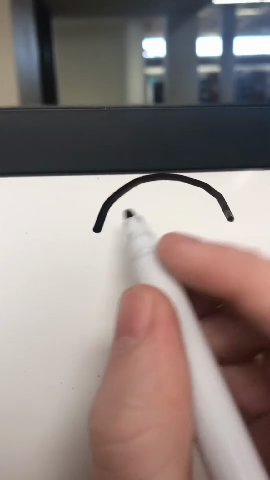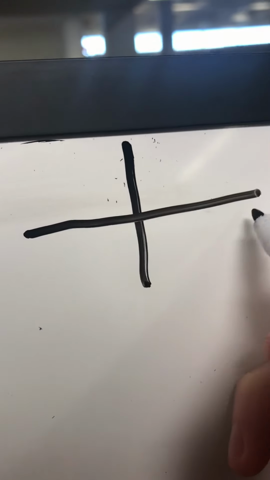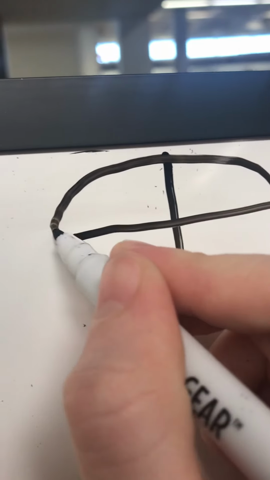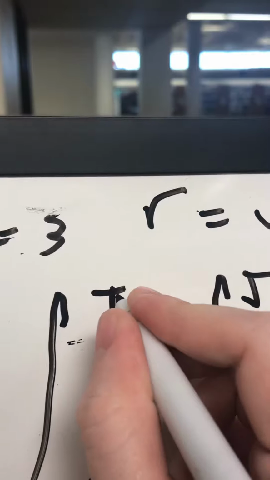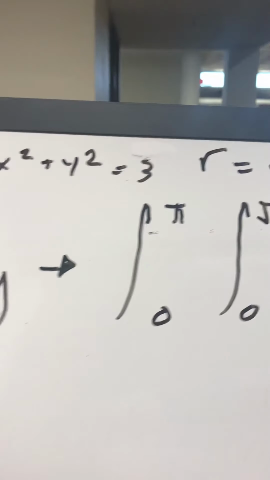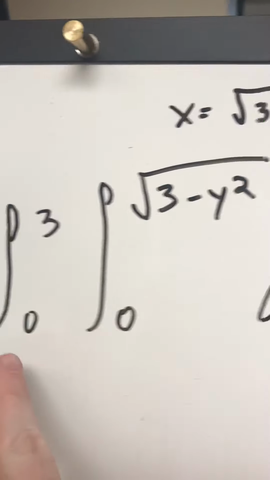Also in the question, we're just wanting the top half, which means we're only wanting to go from 0 to pi, so our trace is going to be like this. That's going to be our trace. Anyway, we're going from 0 to pi, which you can get from this actually.